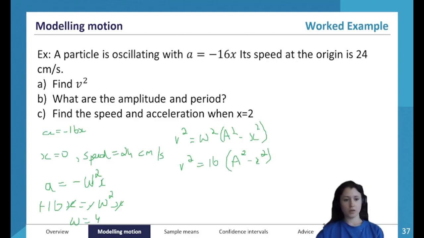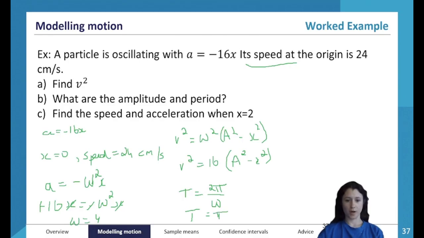Well, we know its speed at the origin is 24 centimeters per second. Alright? And we also know the angular velocity. So, we know that T equals 2 pi over omega, meaning that the period is 2 pi on 4, right?